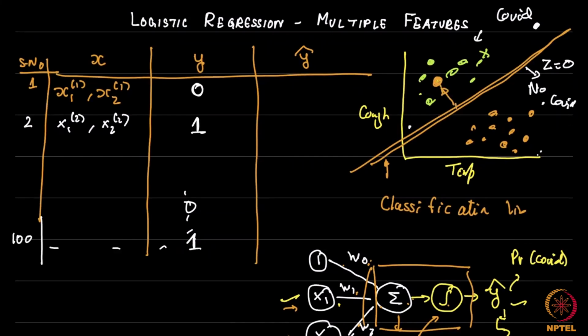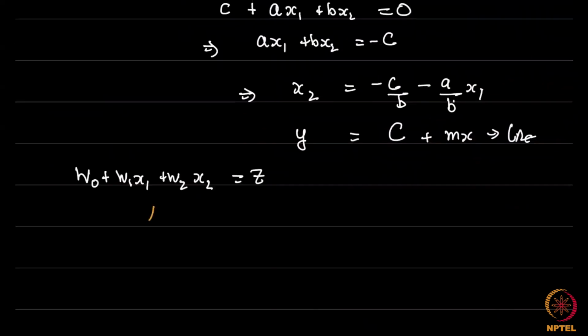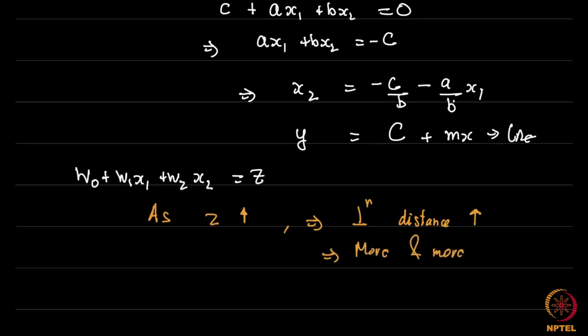W0 plus W1 x1 plus W2 x2 will give this. So if it is positive, it lies on one side. If it's negative, it lies on another side. Notice what happens as z increases on one side: this means that perpendicular distance increases. If perpendicular distance increases, it means more and more certain.